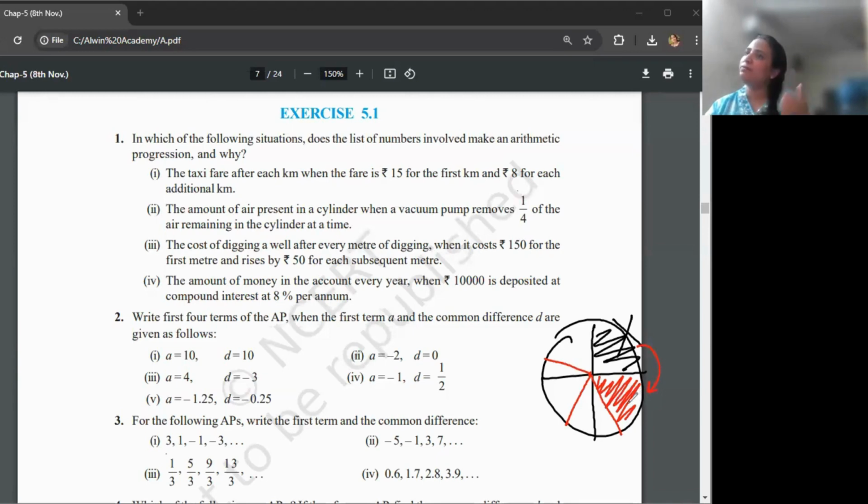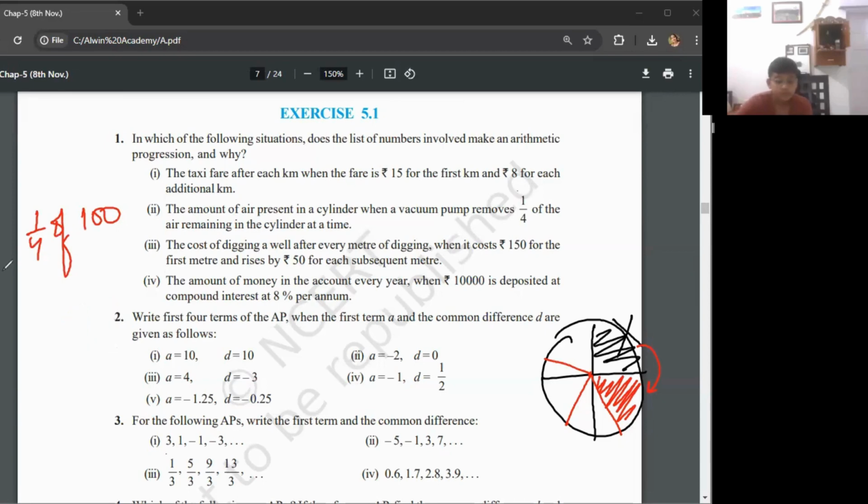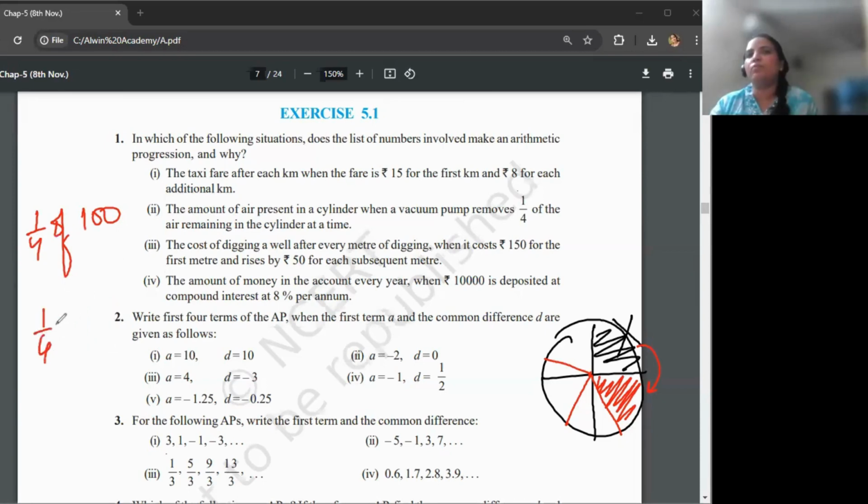So because 1/4 every time is decreasing, because the remaining part is decreasing. Okay, let's take one example. 1/4 of 100 or 1/4 of 10. Are they both the same? They are different, right? Or let me write it like 1/4 of 100 and 1/4 of 75. Are they the same?